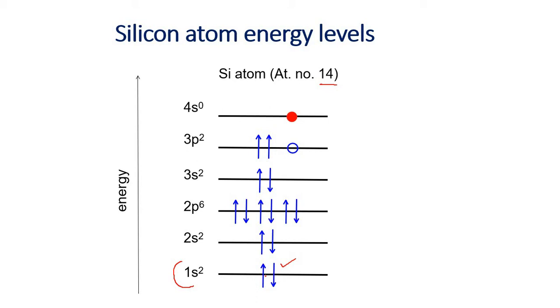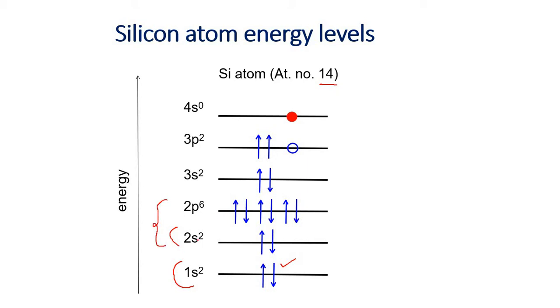If they have the same position, they should have different momentum, and they have a bit of energy difference as well, but very little. So we will show them at the same energy. So 1s2, 2s2, and this is the second orbital.